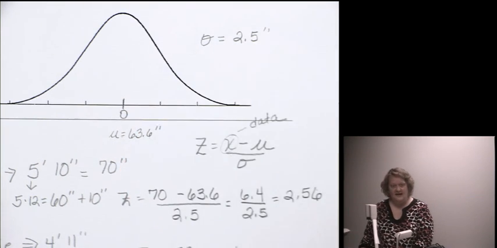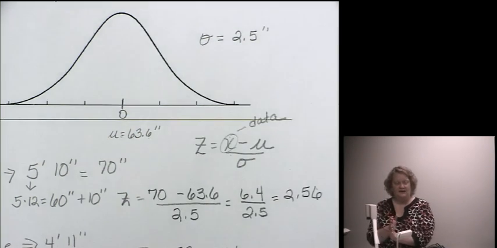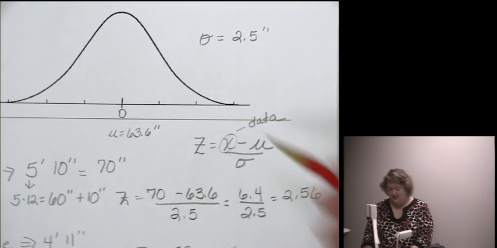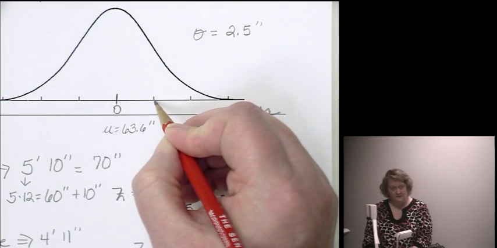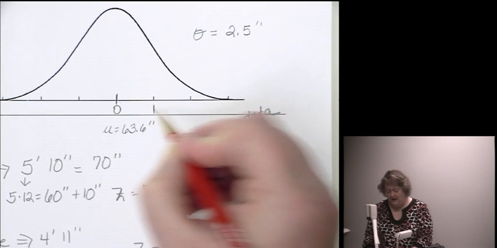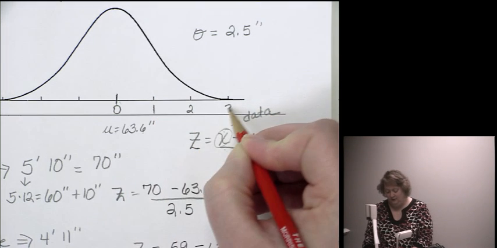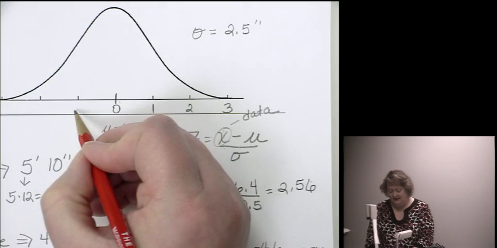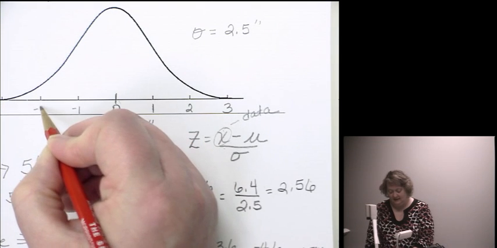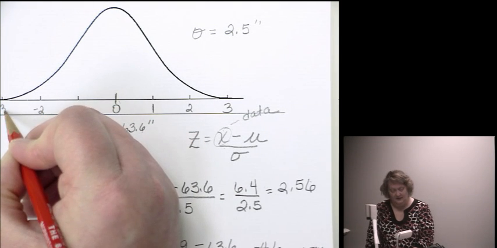That's 0. If I as a woman was exactly 63.6 inches, I would be 0 z-scores, either to the left or the right. I would be exactly in the center. Then the first tick marks would be 1, 2, 3 above the mean, and then -1, -2, -3 below the mean.